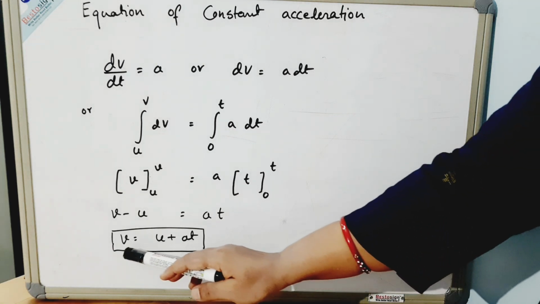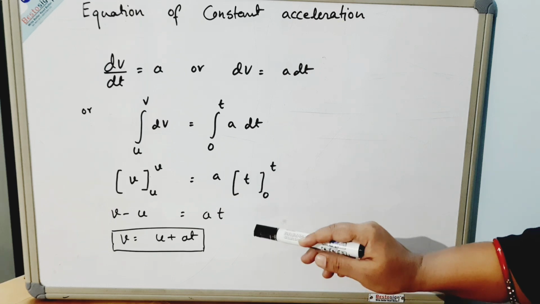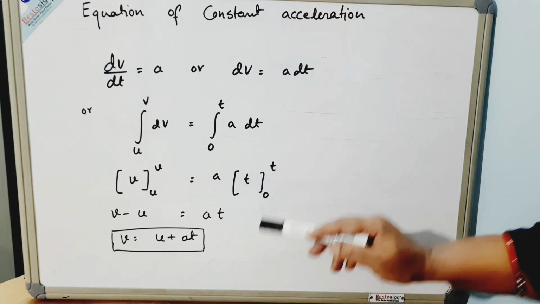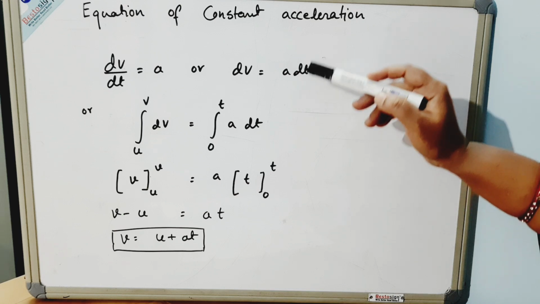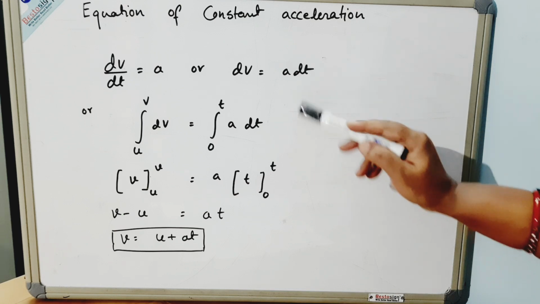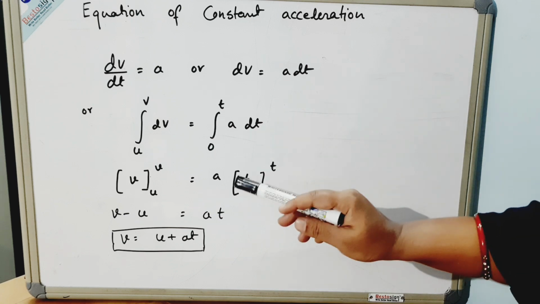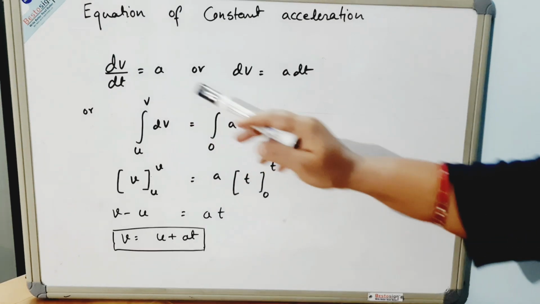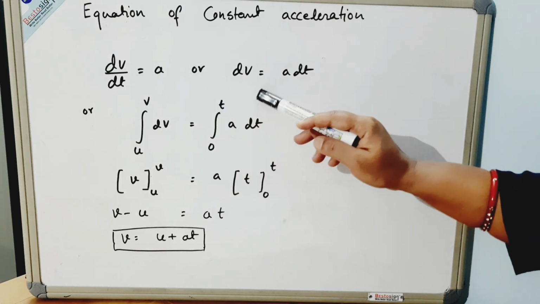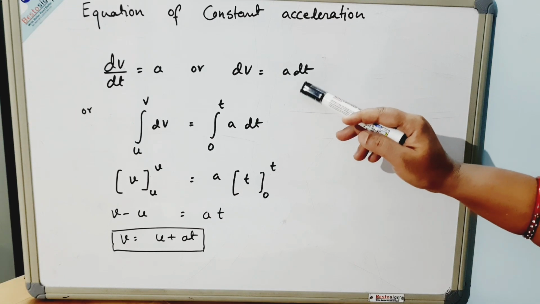Now we will see how we can prove the equation v is equal to u plus at with the help of the calculus method. Suppose the acceleration of a particle is a and it remains constant. Let the velocity at time 0 be u and the velocity at time t be v. Then dv by dt will be equal to a, or dv is equal to a dt.